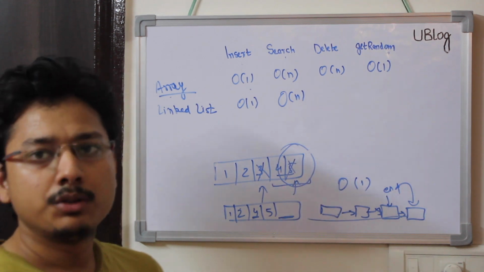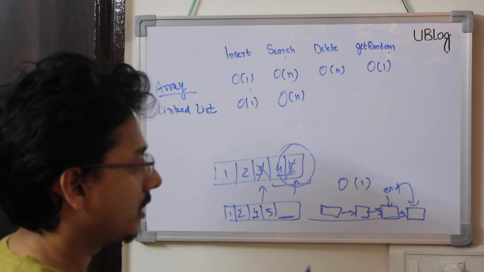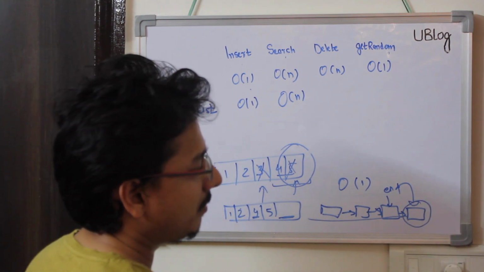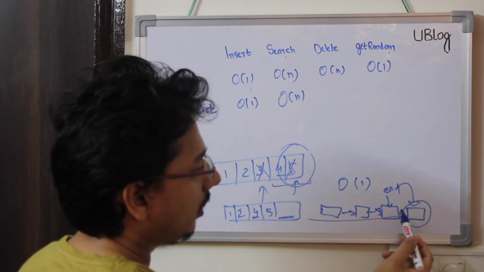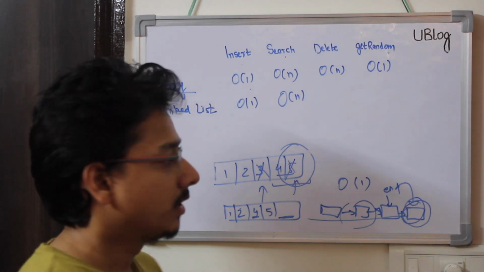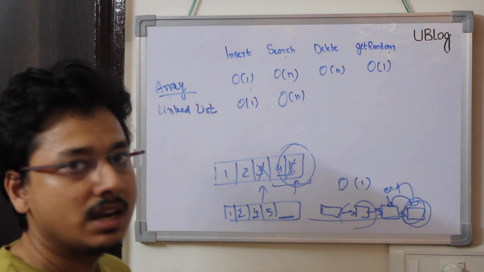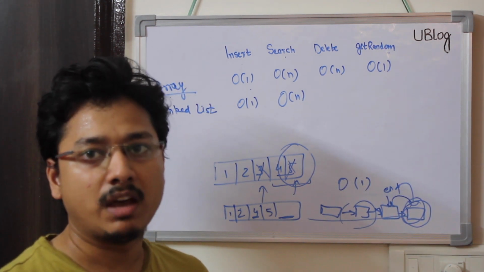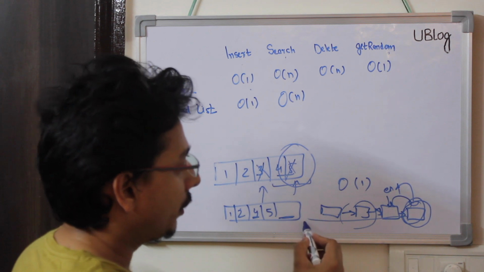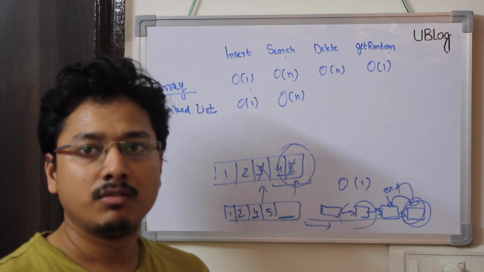What about delete? In a linked list, if we need to delete the last element or any element, both cases are the same. Since we need the previous pointer, and we can't keep a previous pointer for every node, we need to traverse the linked list and find the previous node of the node which we need to delete.